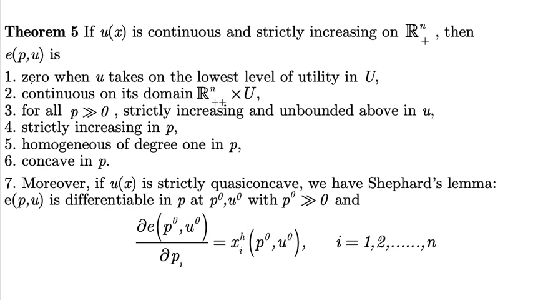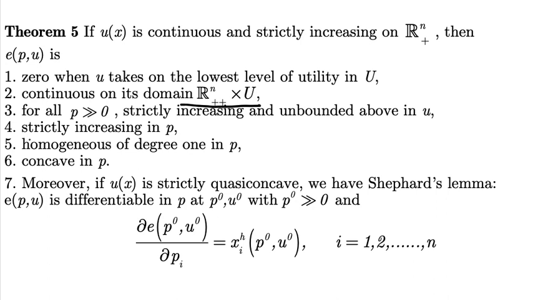The first one is 0 when utility takes on the lowest level of utility in U. Number 2, continuous on its domain. And number 3, for all prices much greater than 0, that means prices are positive, strictly increasing and unbounded above in U, or utility.